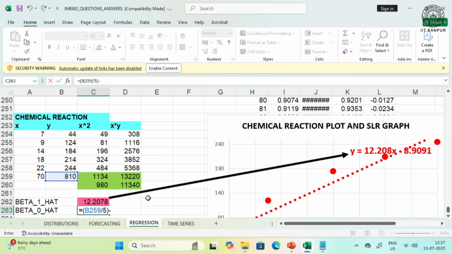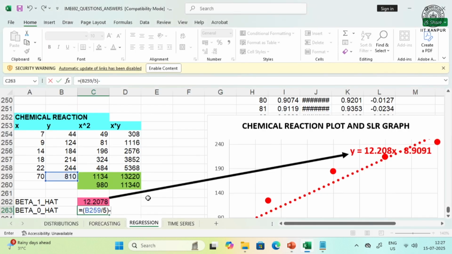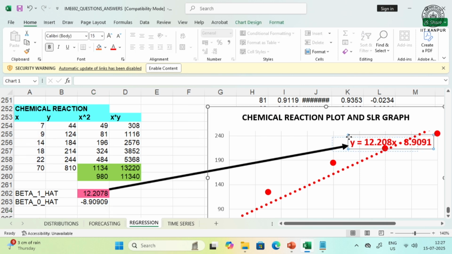that minus you have beta 1 hat into x bar. Beta 1 hat we already found out, into x bar, which is the total sum of x's, 70, divided by 5. That will be given by minus 8 point. Let me remove this because that dot is not coming.